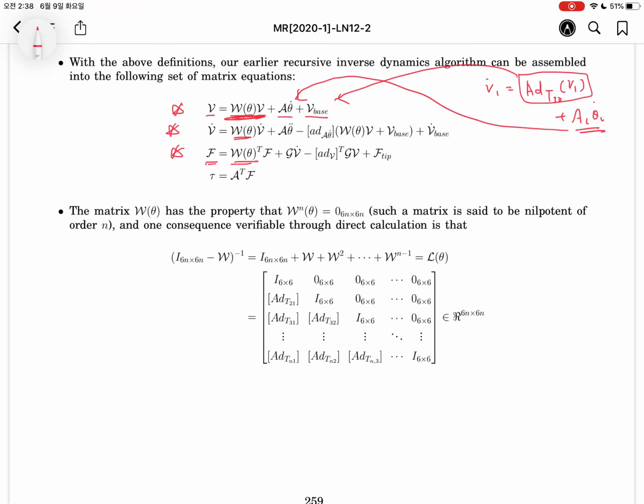And then those are the same. It provides the initial condition such as the tip force, and the inner product of A and F will provide the tau vector.